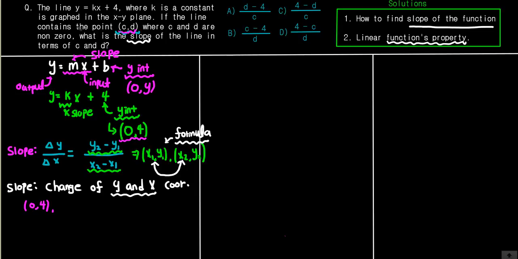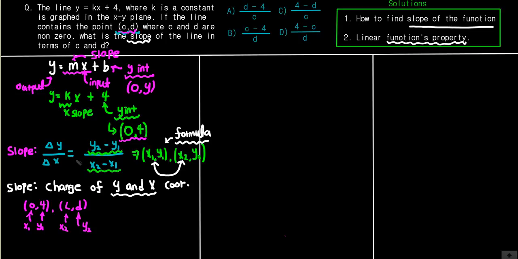They gave us one more point, (c, d). We can pick one point as (x1, y1) and the other as (x2, y2). Let's pick (0, 4) as x1 and y1, and then c will be our x2 value and d will be our y2 value.